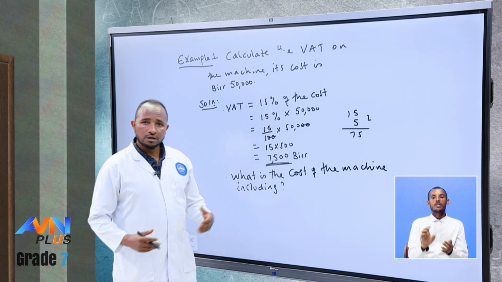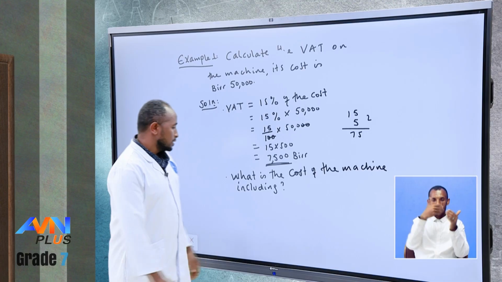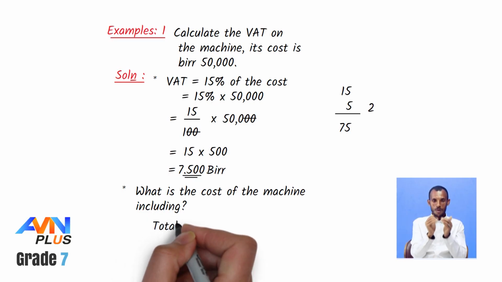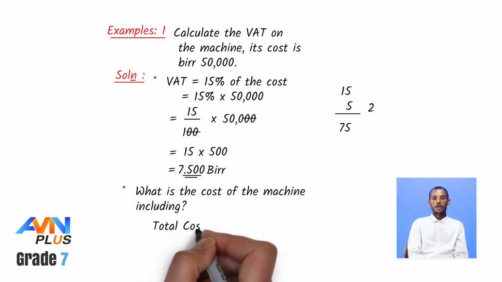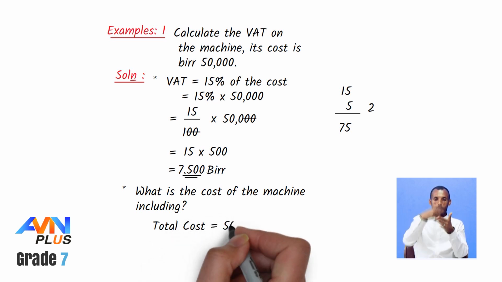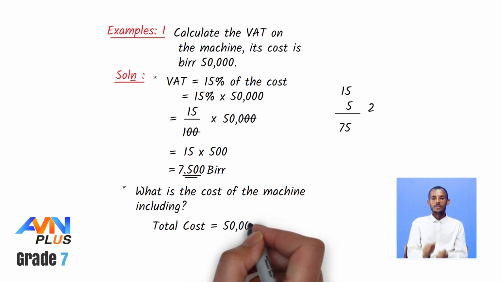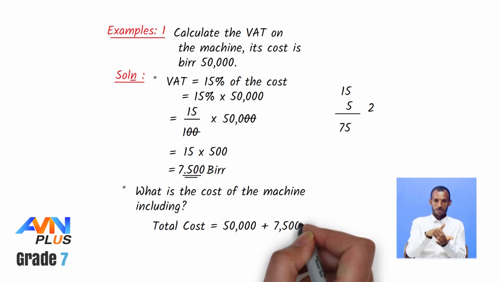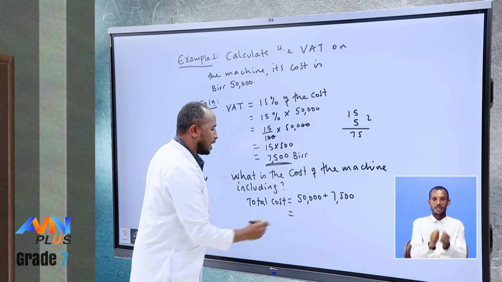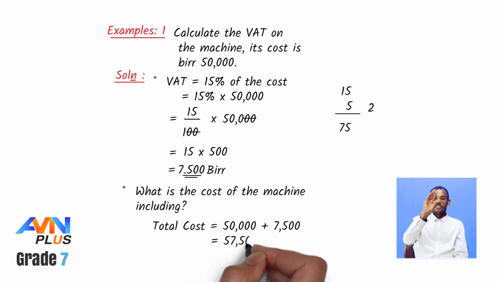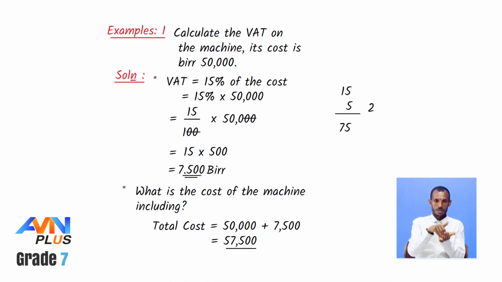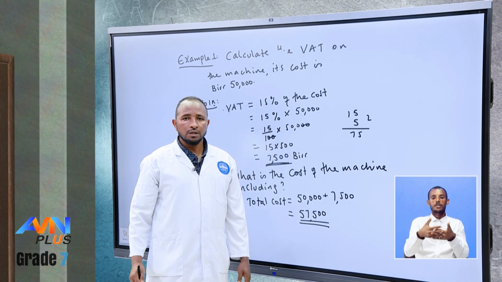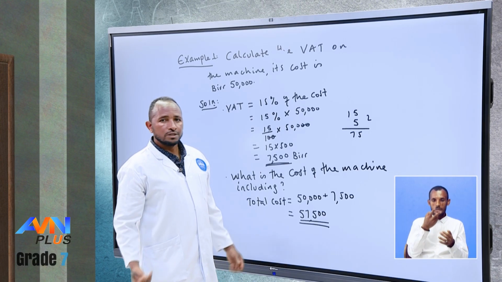Together they give us the total cost of the machine. Therefore, total cost will be equal to the original cost without VAT, 50,000, plus the amount of VAT, 7,500. Together you will have 57,500 as the total cost of the machine. Now we'll proceed to the second example.